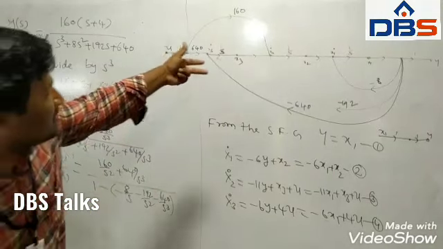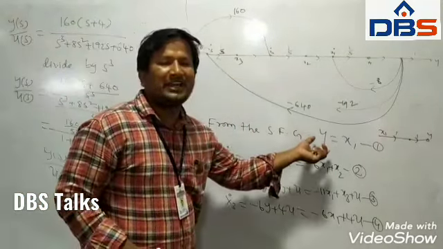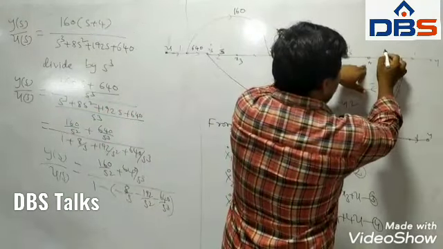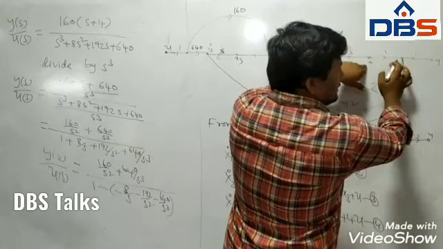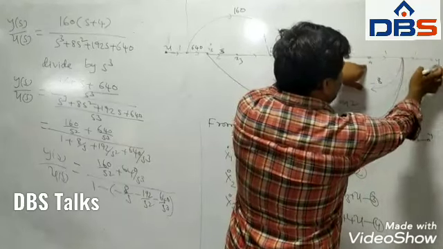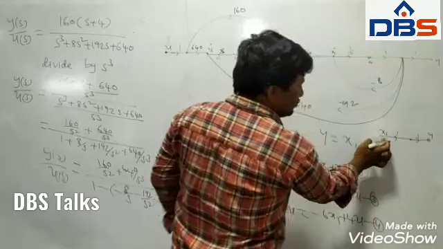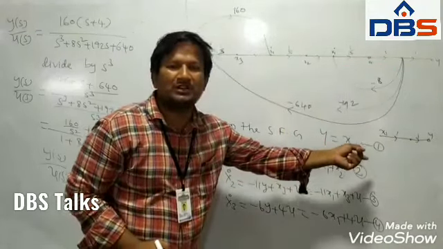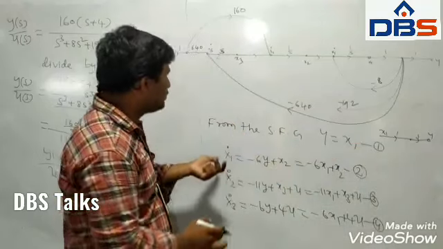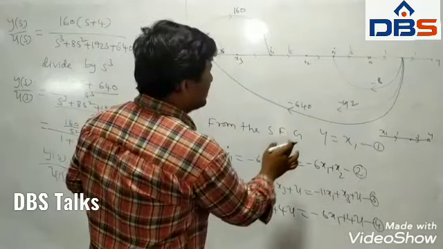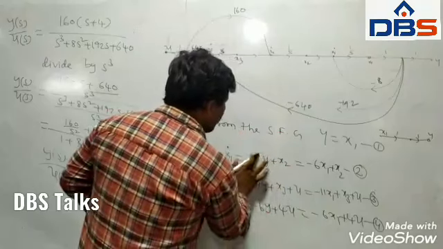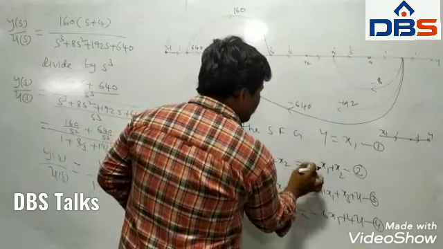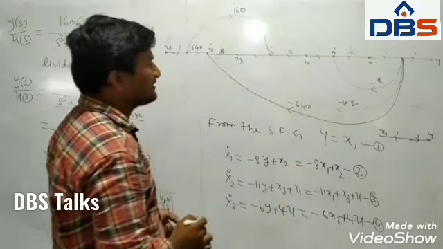Now from that signal flow graph, derive the state model of the system. So this is y and this is x1. In between these two there is no gain, that is, 1 is the gain. So y by x1 is equal to 1. From this SFG, y is equal to x1, taken as equation 1. Now x1 bar equal to minus 8y plus x2, that is minus 8x1 plus x2.